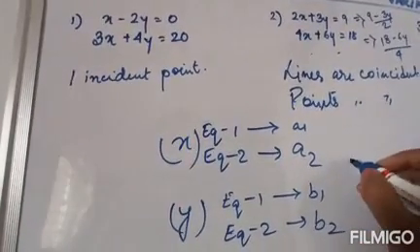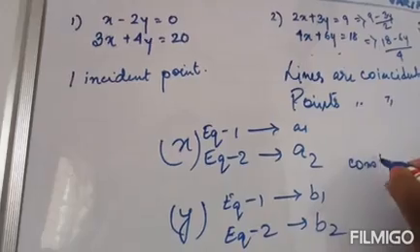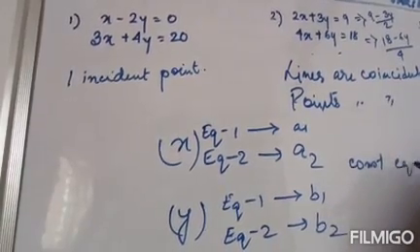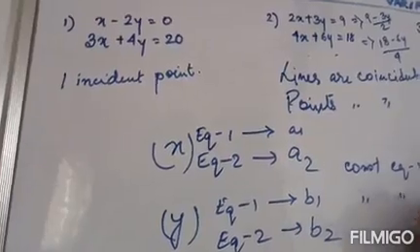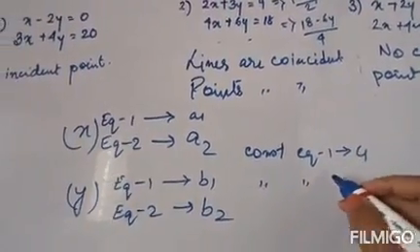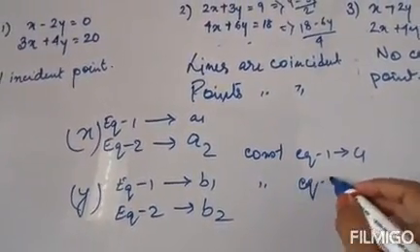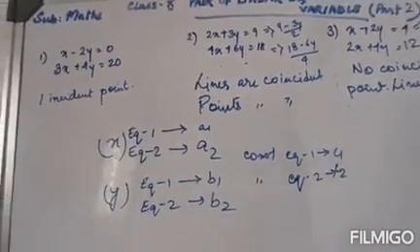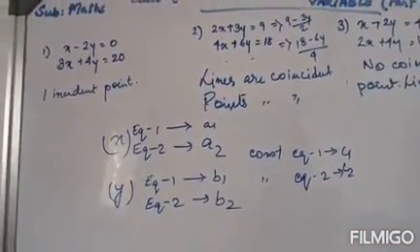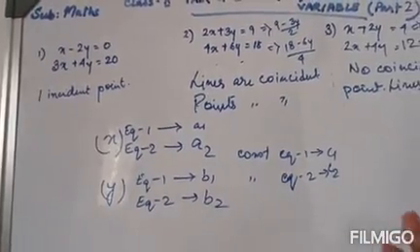And the constant of equation 1 will be c1 and the constant of equation 2 will be c2. Okay, let us consider this and see what is the observation of the coefficients.